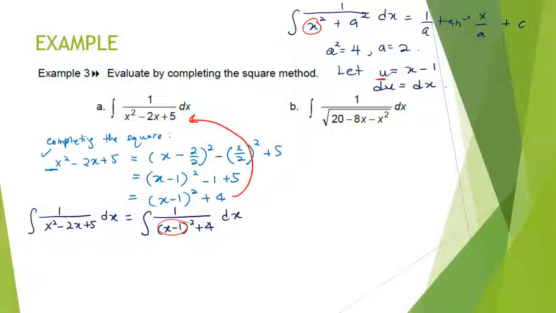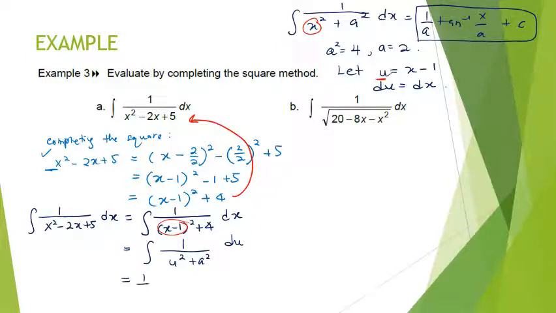Okay, so our integration form is in term of u lah. 1 over u square plus a square du. Okay, so automatic kita akan dapat jawapan yang ni. So that 1 over a tangent inverse, bukan x lah, u lah, u over a plus c.